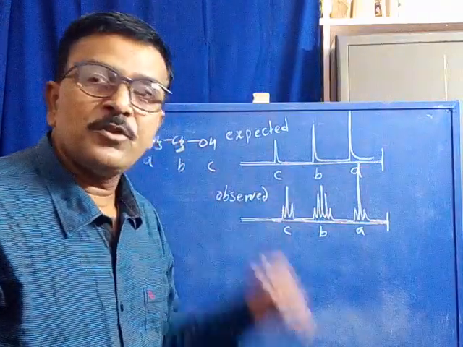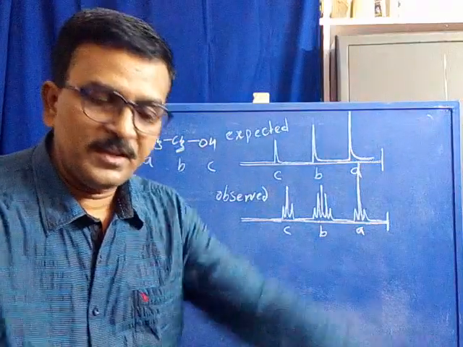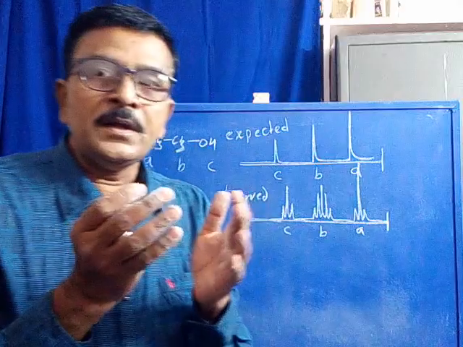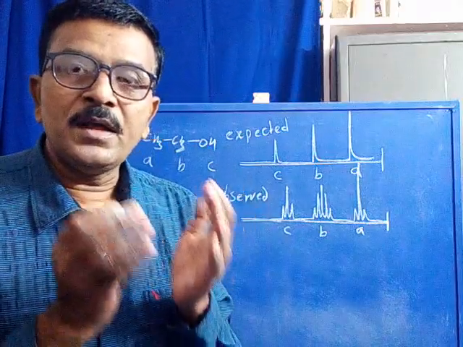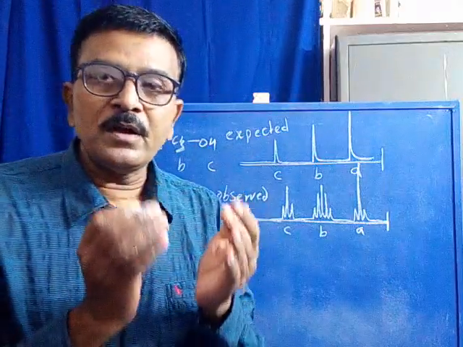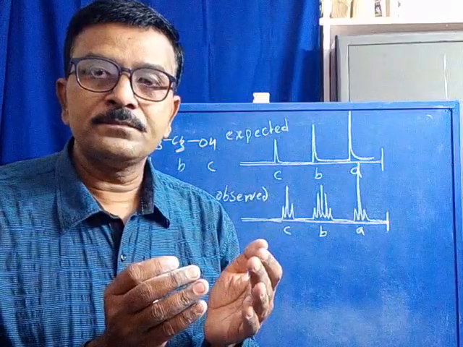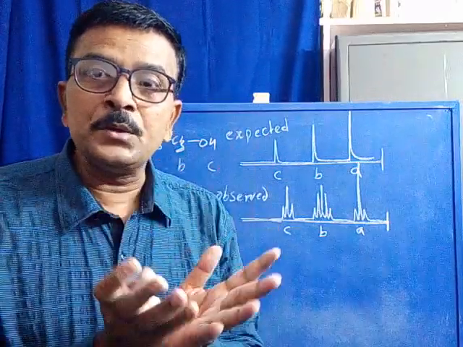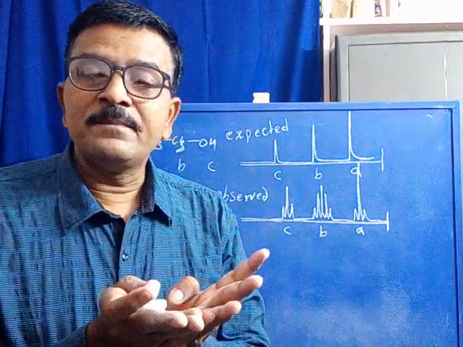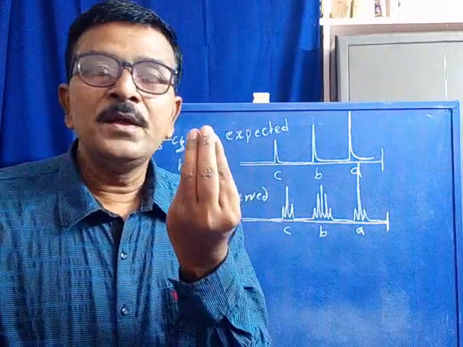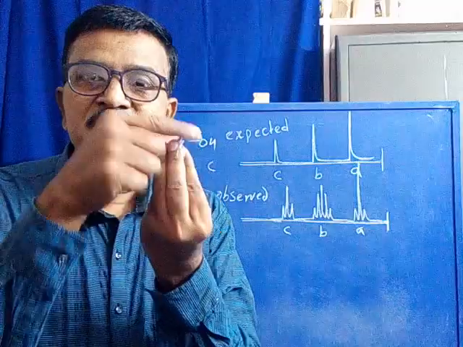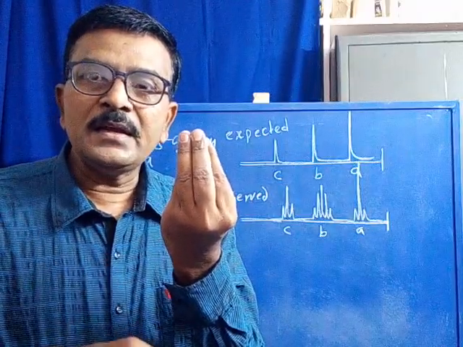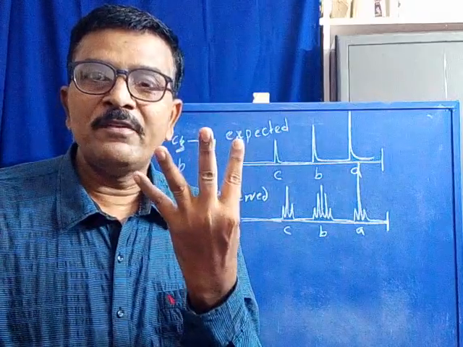So this is the observed spectrum. That is, for every set of equivalent protons, the singlet signal, that is the single line signal, is splitting into more than one line. Say for example, you consider this as a CH3 signal, one line. Practically it appears with more than one line. What happens?